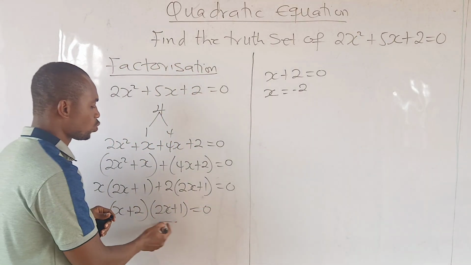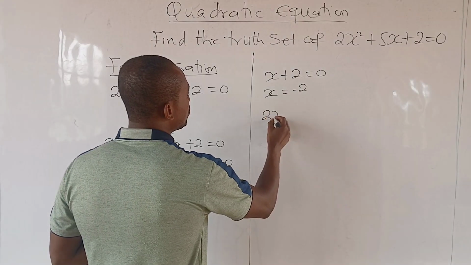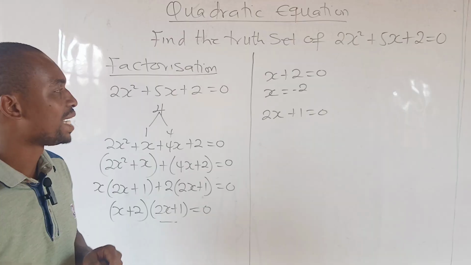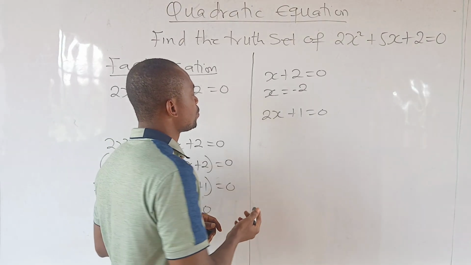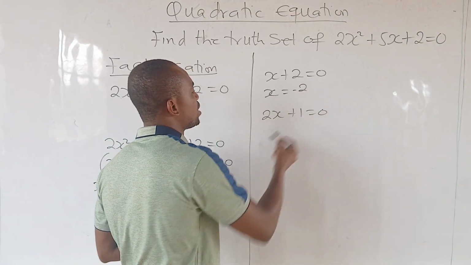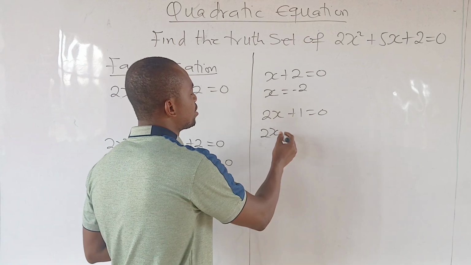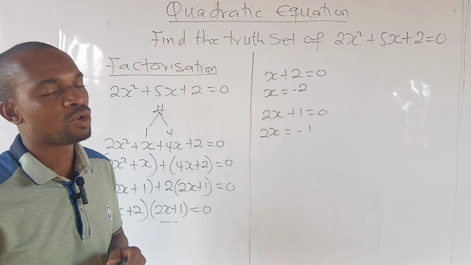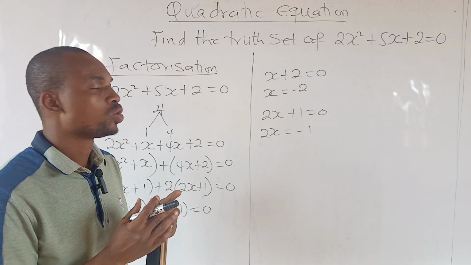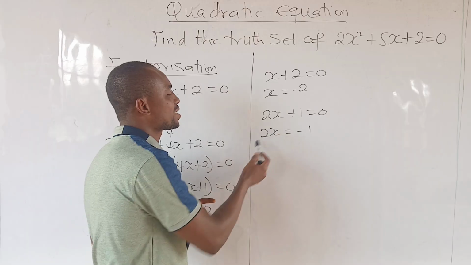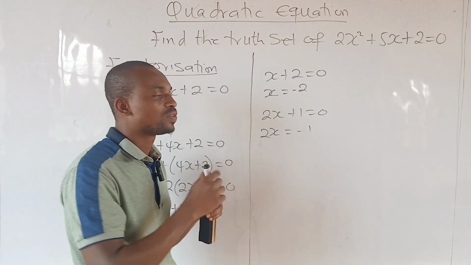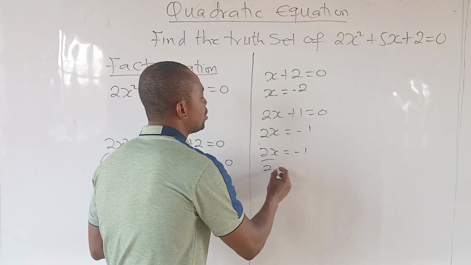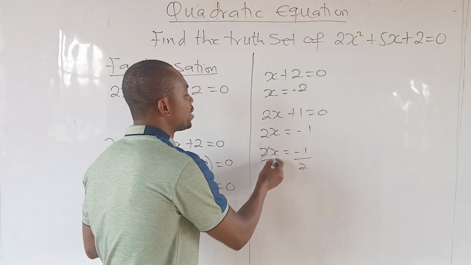The next one, you take this one, 2x plus 1 equal to 0. So it means that here you have to move the positive 1 from here to this side, making 2x equal to negative 1. Then the next step, we are looking for x. Since the 2 and the x are multiplying, we have to divide both sides by 2 to get x.